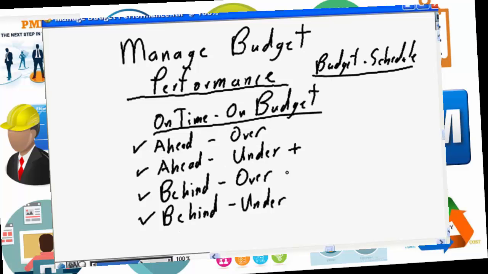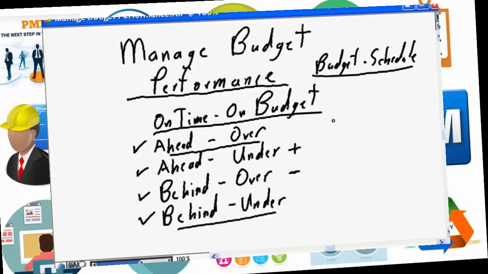If we're behind schedule and over budget, that is almost definitely a bad situation, and you need to take actions to correct it. But in either of these, being behind and under, or ahead and over, you need to take additional actions as a project manager to better understand the issues and ramifications of what that means to your total project delivery scenario and overall success for your project.